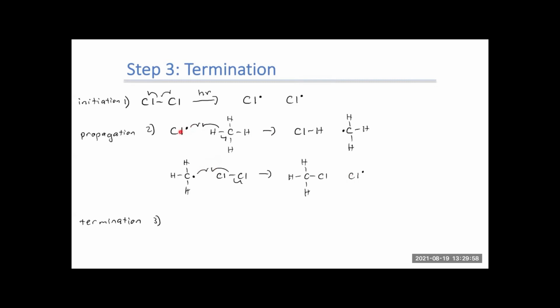So I can take the chlorine here and it reacts with a methane radical. So if my chlorine radical reacts with my methane radical, I end up with a chloromethane. My chlorine radical can also react with another chlorine radical.